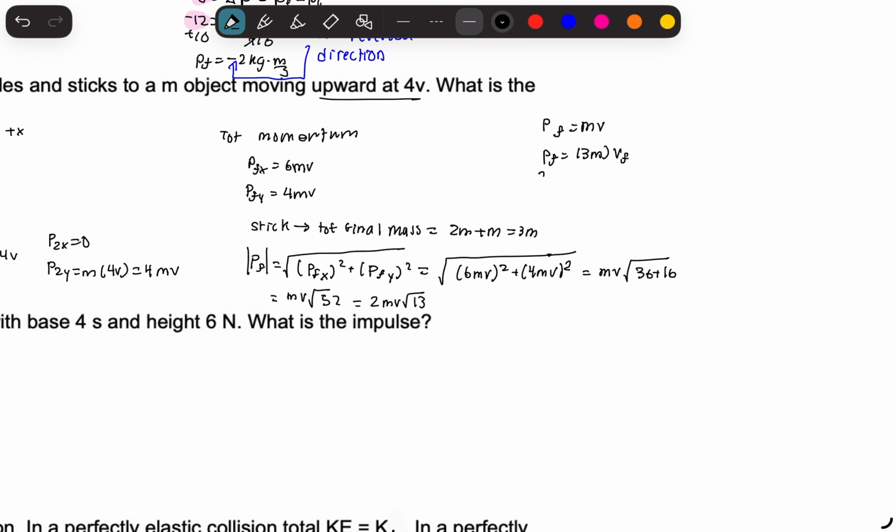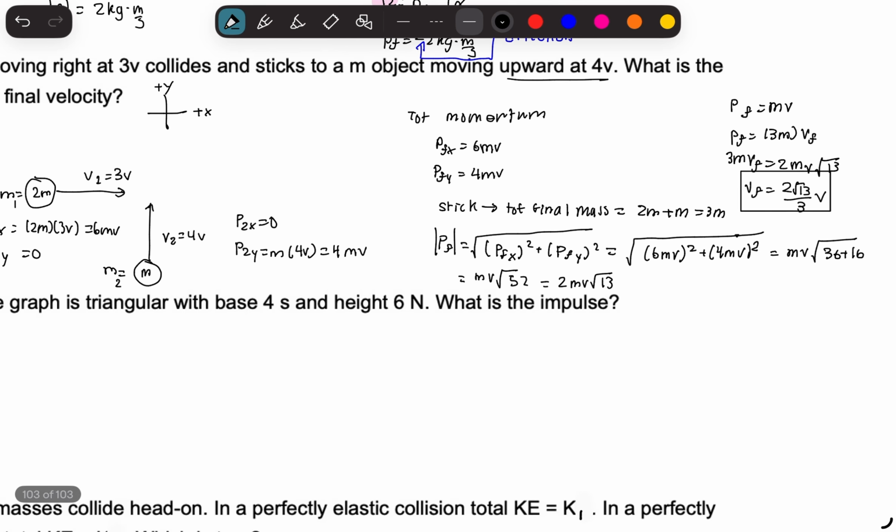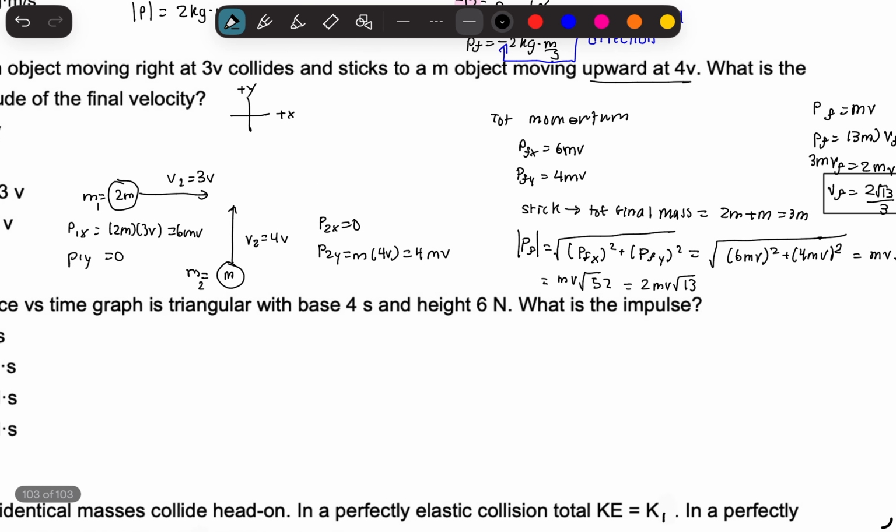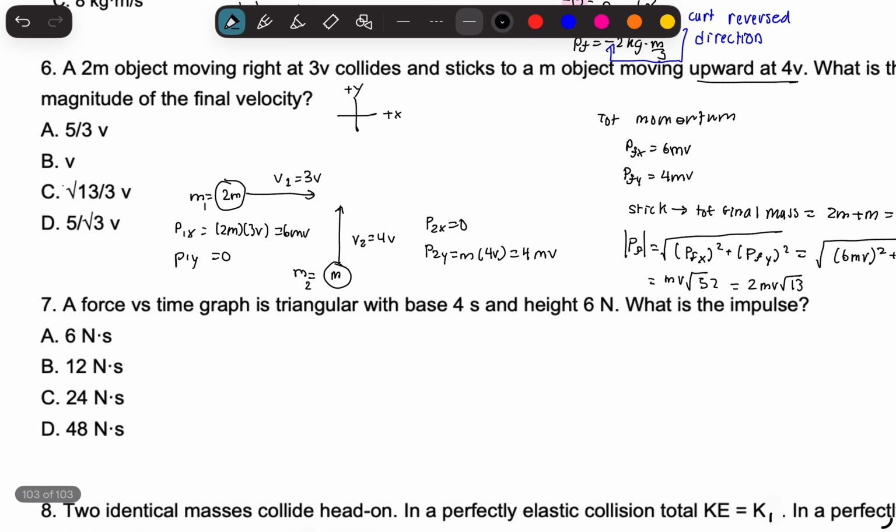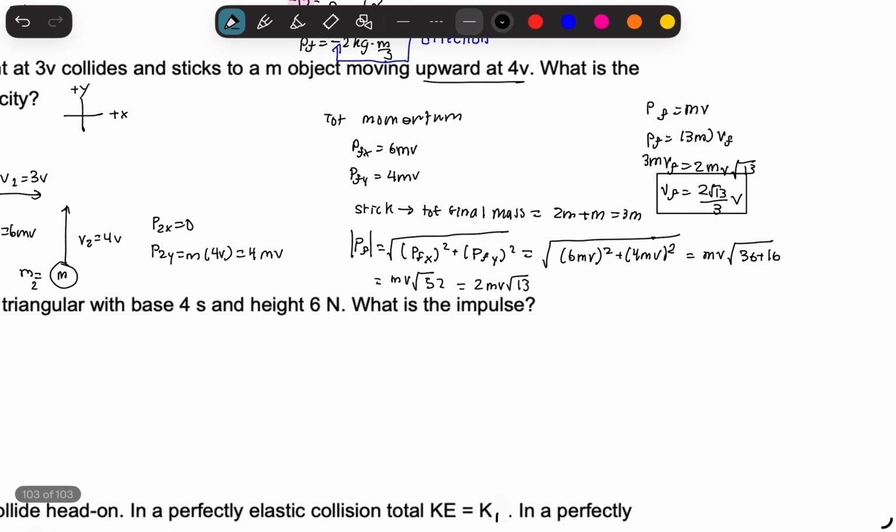So vf is equal to 2 root 13 over 3 v. So that's going to be your answer. The answer is not listed here, so all these are actually wrong. This was the right answer.